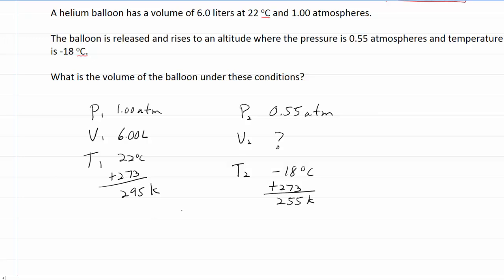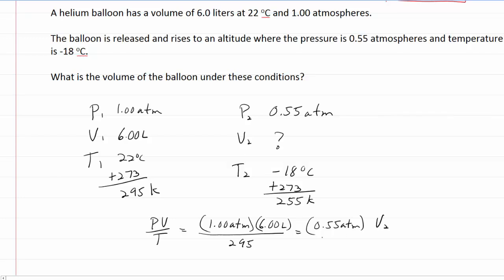So my P1V1 over T1, let's just write this, PV over T, is going to be 1 atmosphere, 6 liters, over 295. And that's going to equal 0.55 atmospheres, V2 I do not know, and 255 Kelvin.